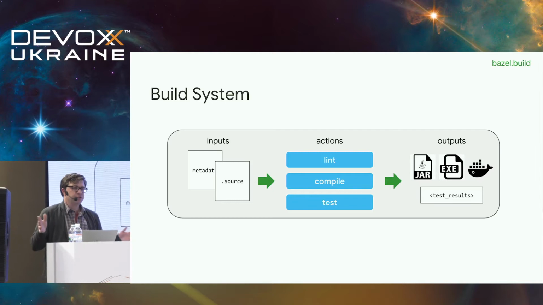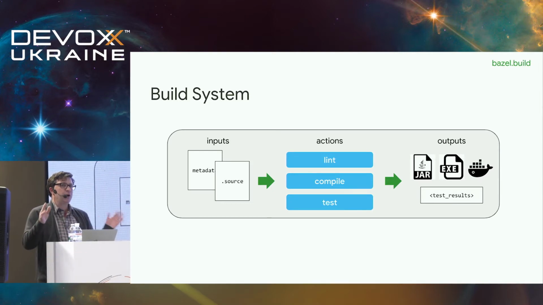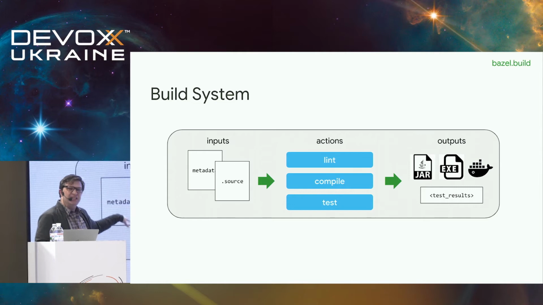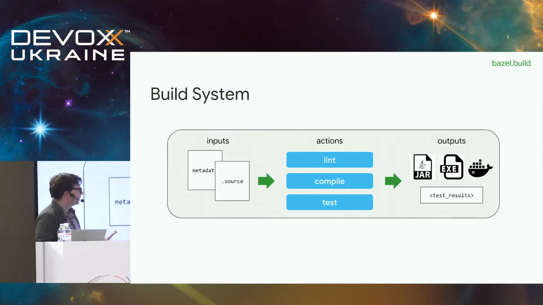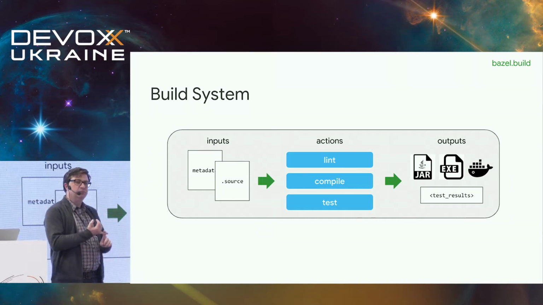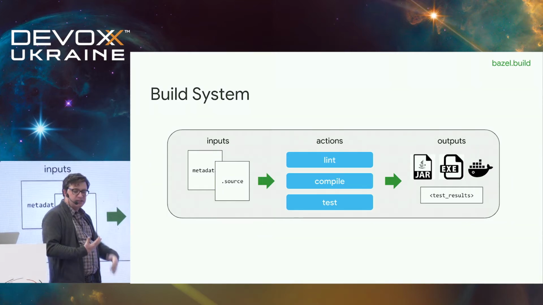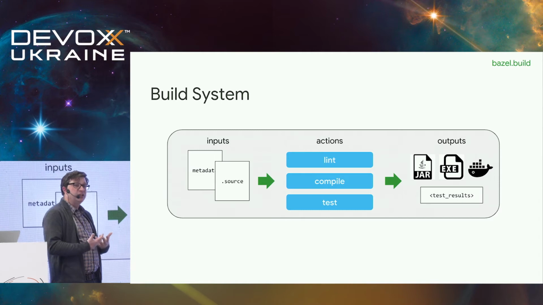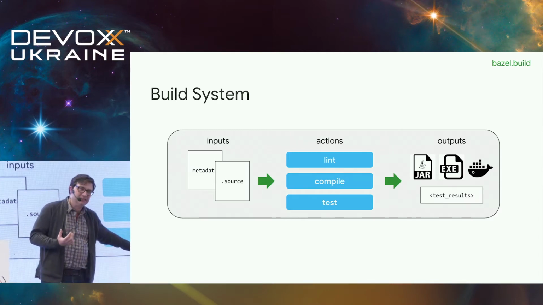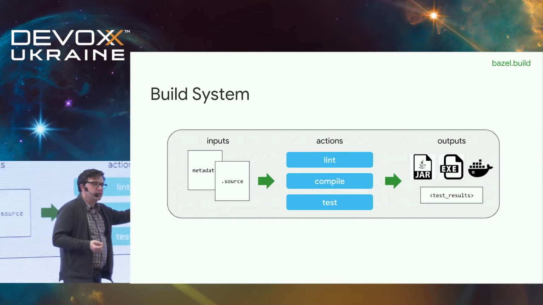So we're going to talk about build systems today. And you've probably all used a build system, though you might not think about it very much. A build system is the thing that takes our code, as well as maybe some metadata, test definitions, that sort of thing, and runs it through a bunch of processes, like linting or static analysis, compilation, transpilation, linking, and then importantly, testing, and it spits out some stuff at the end.